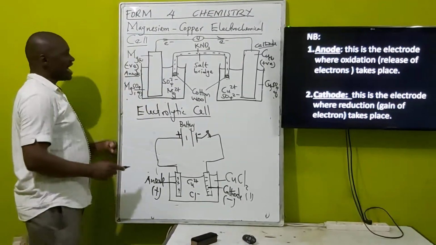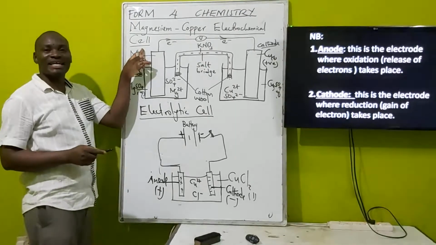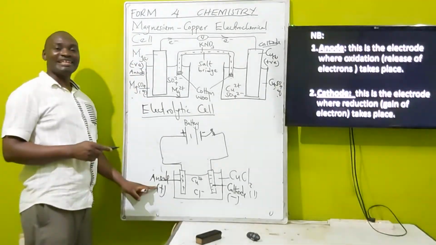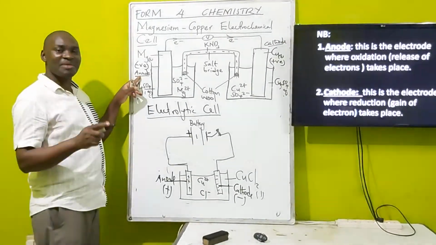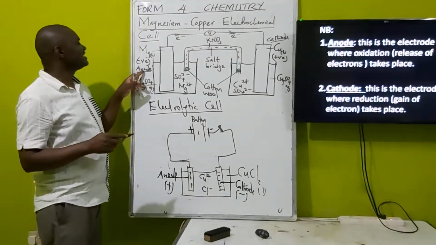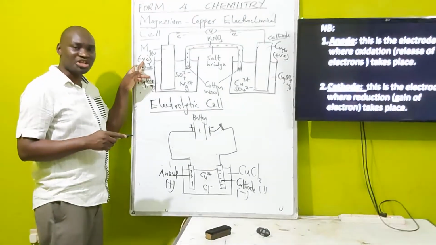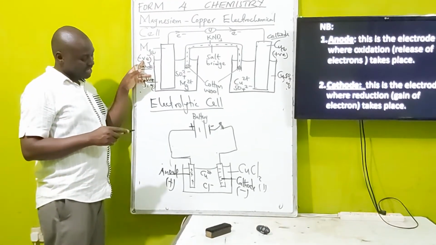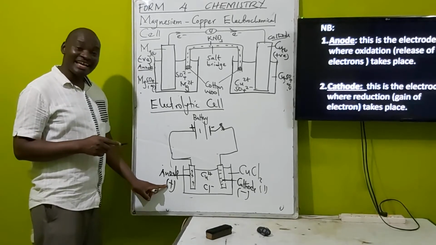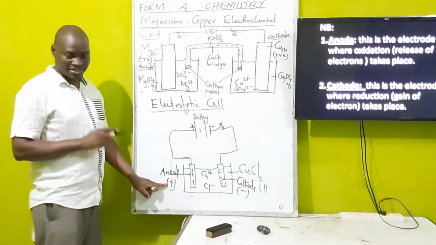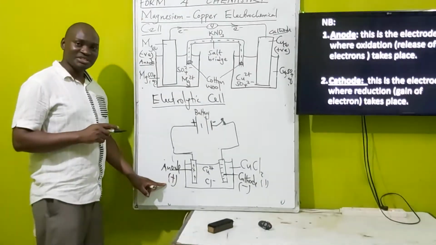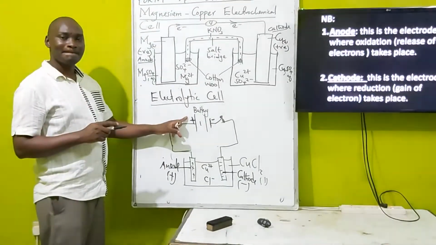So compare the anode here in the electrochemical cell and the anode in the electrolytic cell. The anode in the electrochemical cell is negatively charged. The anode in the electrolytic cell is positively charged. Why? Because it is connected to the positive terminal.